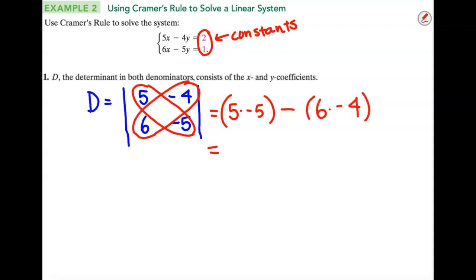Simplify: 5 times -5 is -25, minus 6 times -4 is -24. We have a subtraction and a negative, so that turns to a plus, and we get -1. If that determinant at that step was a 0, you would not be able to use Cramer's rule to solve this system. All right, we're going to move on.